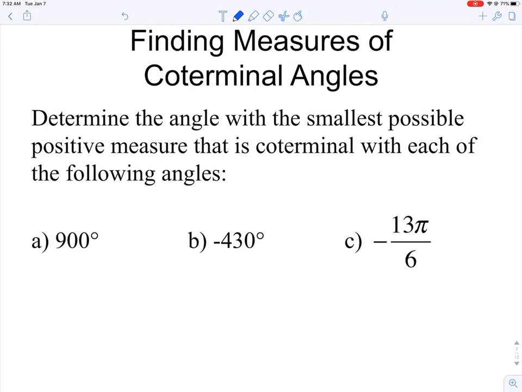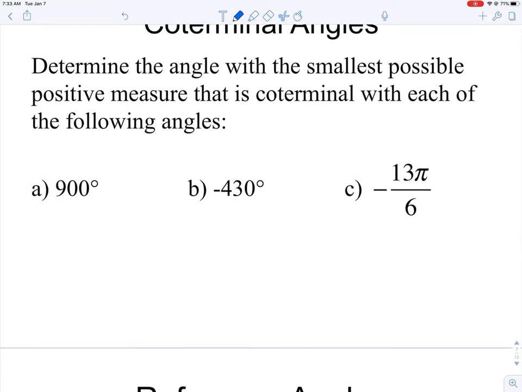So let's go ahead and find the smallest possible positive coterminal angles, so between 0 and 360 or 0 and 2 pi, for each of these angles. So for 900 degrees, if we subtract 360 degrees, we're still going to have an angle that's more than one rotation. So why don't we subtract 2 full rotations? So 2 times 360 degrees, which is 720 degrees.